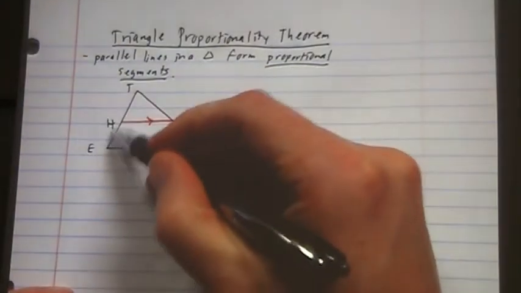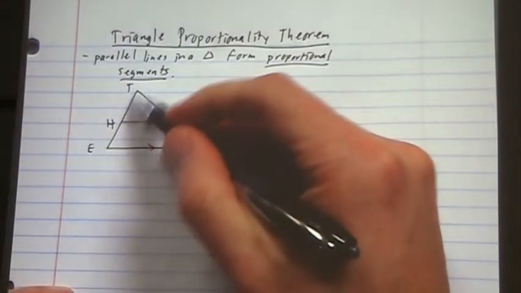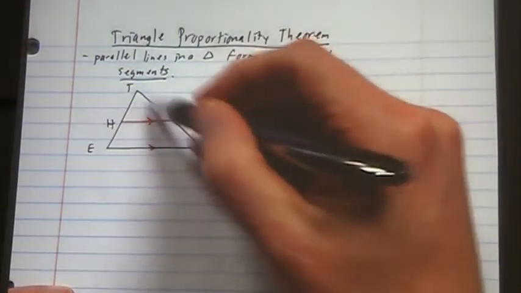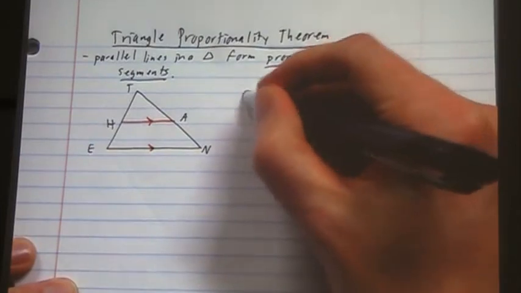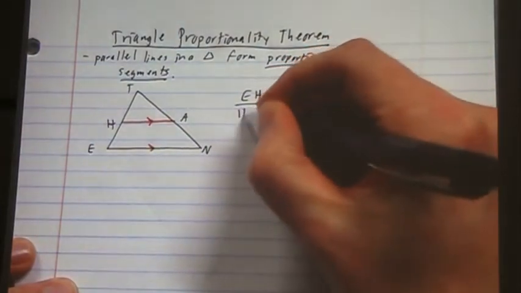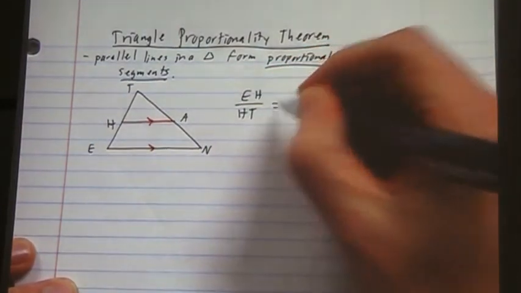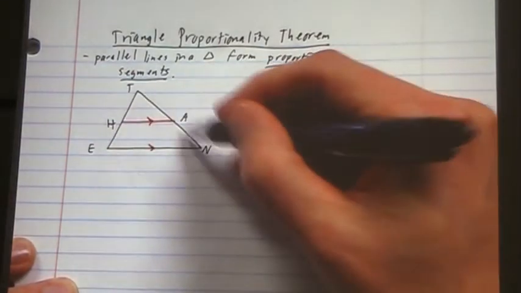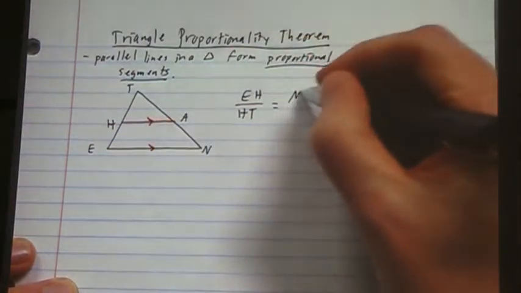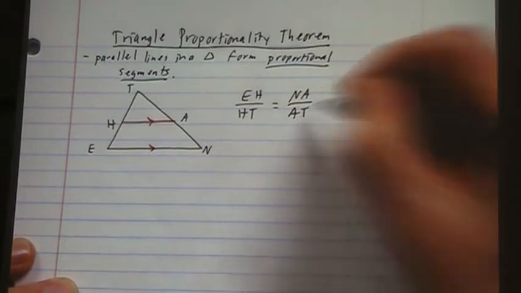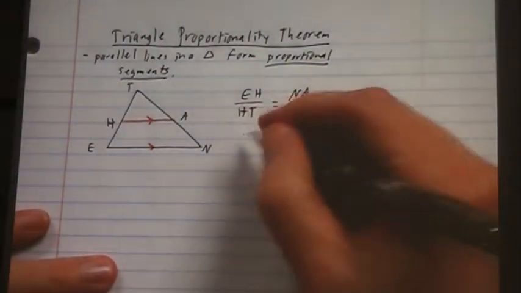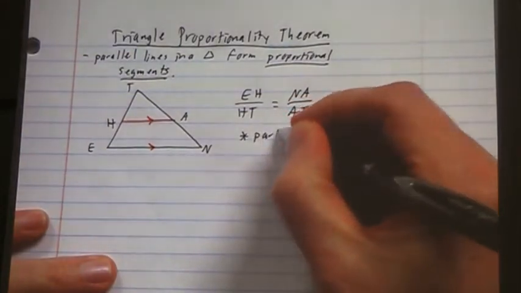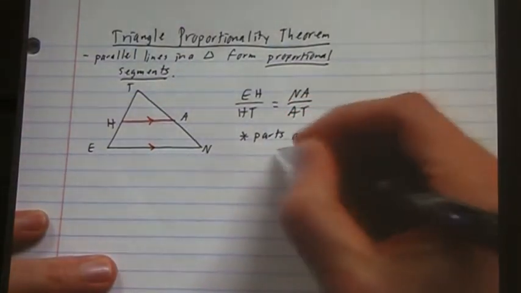So we could go bottom segment over top segment equals bottom segment over top segment. So EH over HT equals bottom over top, NA over AT. And the parts are proportional.